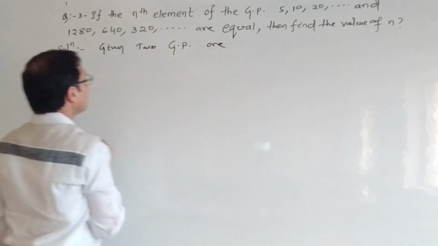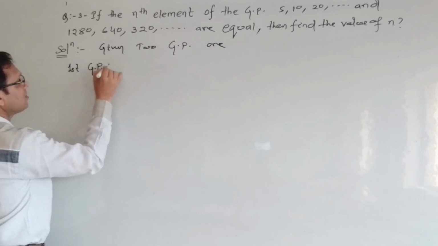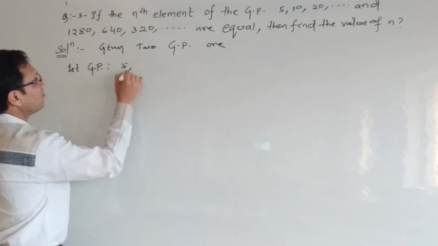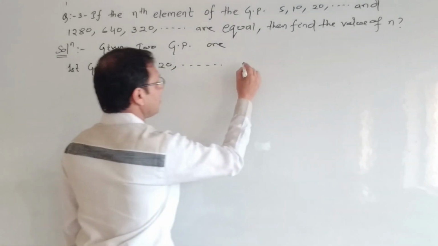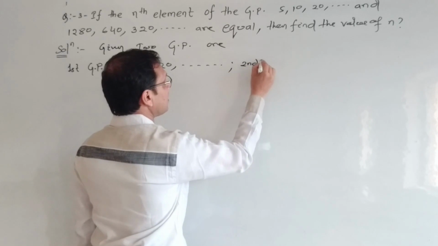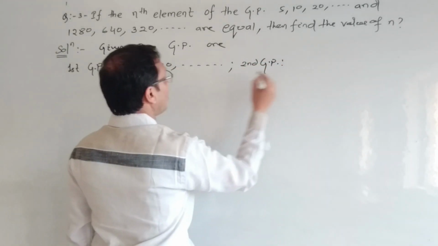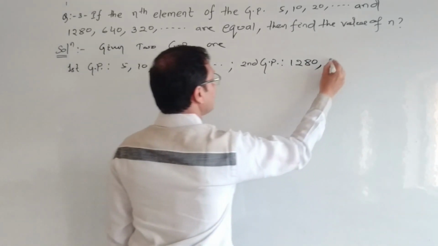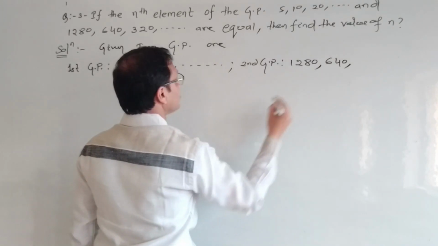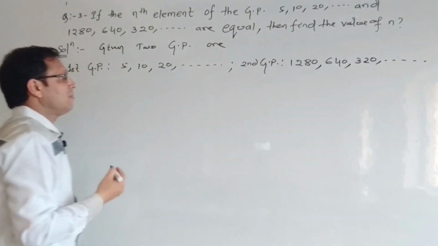The first GP is 5, 10, 20 ... and the second GP is given as 1280, 640, third term is 320 ... up to infinity.